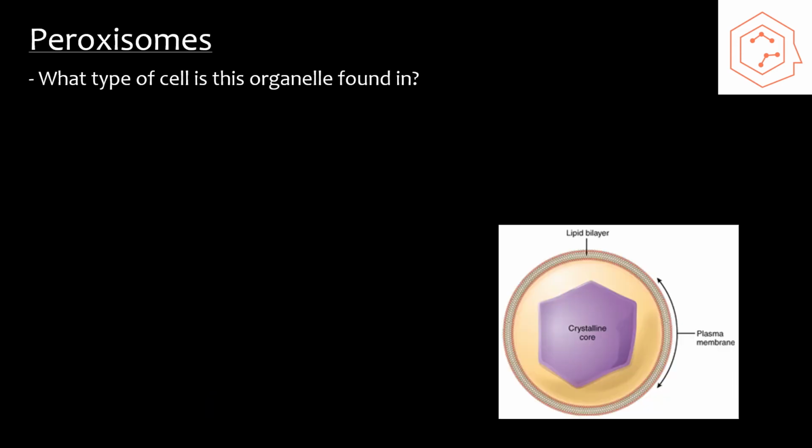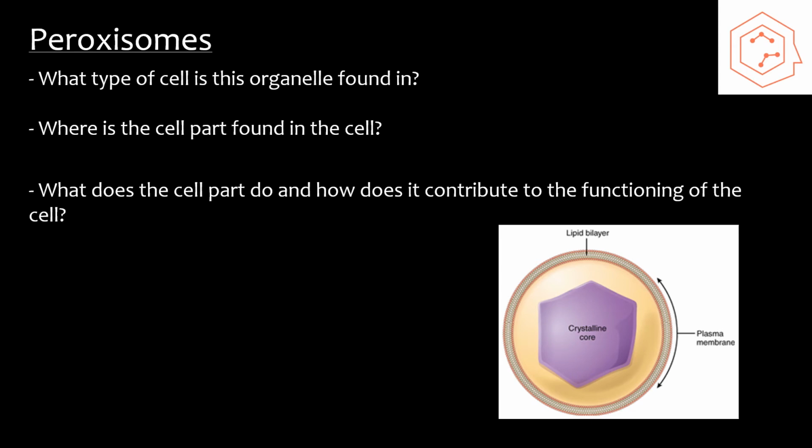Peroxisomes are found in all eukaryotic cells, and they're found within the cytoplasm, just like all the other cell parts. The cell part consists of specialized metabolic compartments that break down organic molecules by oxidation.